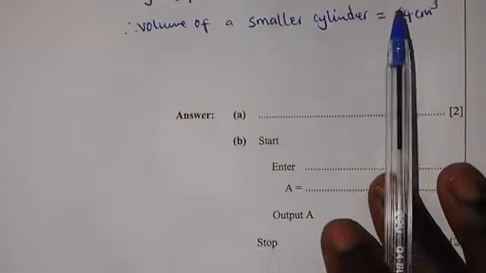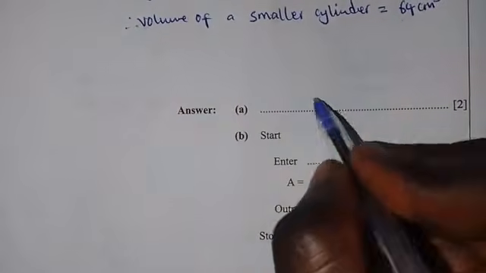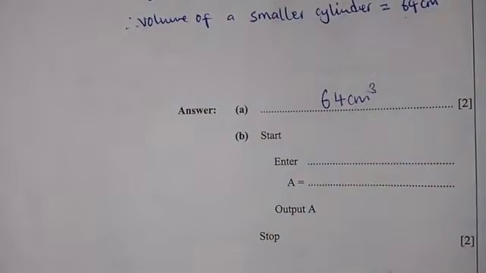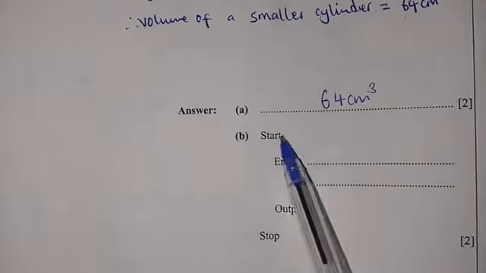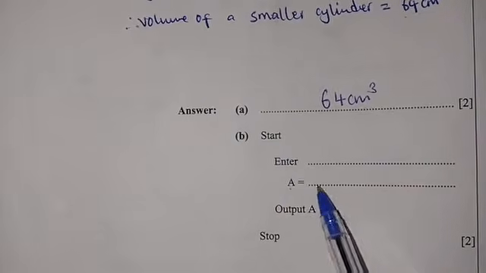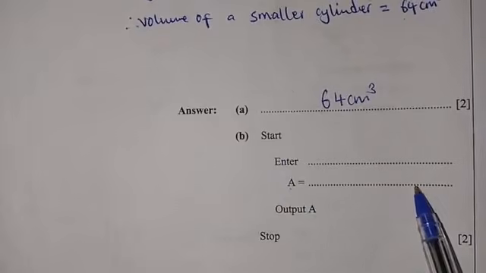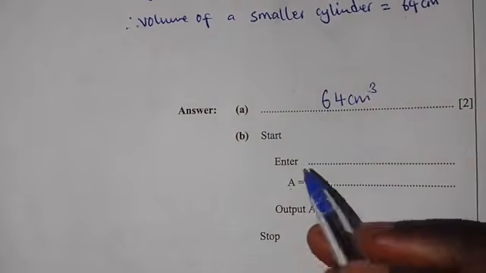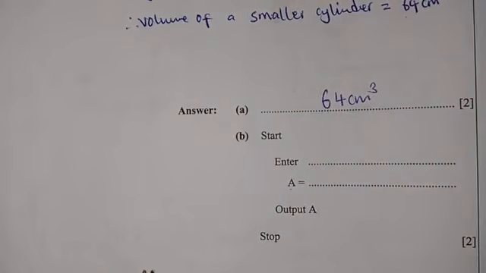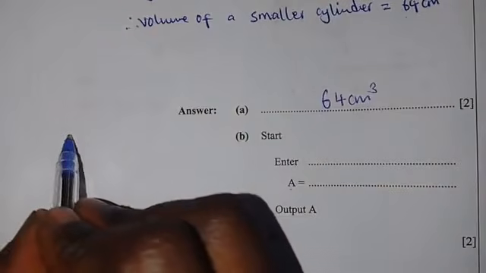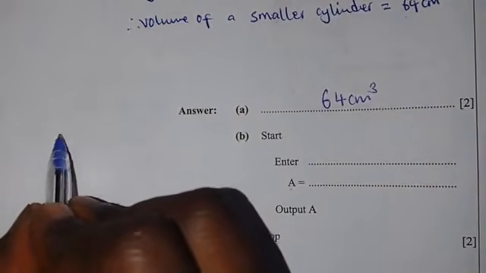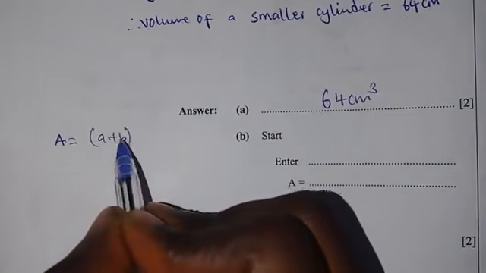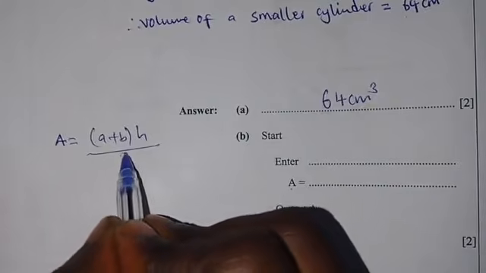So this is our program. So here, this is the space for the first question that we have answered. So this is the program. We have start, enter, then here we need to put something here, okay, then output. So the first thing here, since we are talking about the area of the trapezium, you need to know the formula, which is area of the trapezium is given by a plus b times h over 2.